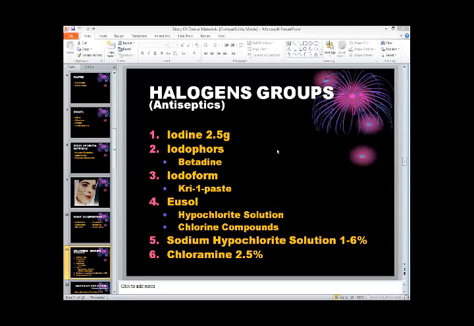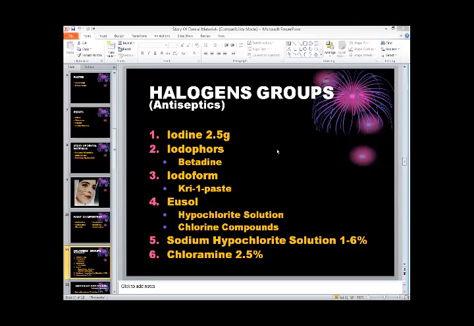They are very much effective, and combinations of these drugs and materials are available in the market, and we use them in dentistry. Then sodium hypochlorite solution for irrigation of the canal, and chloramine also.